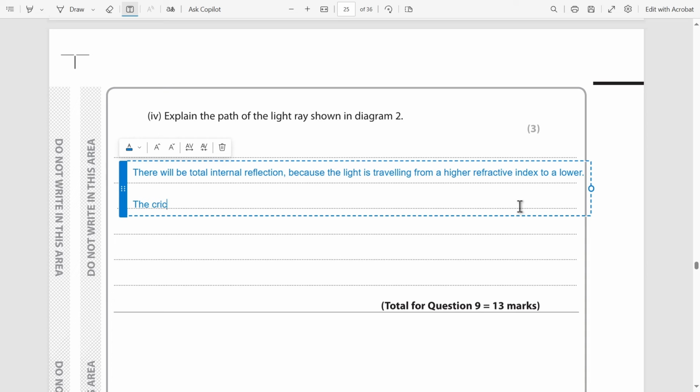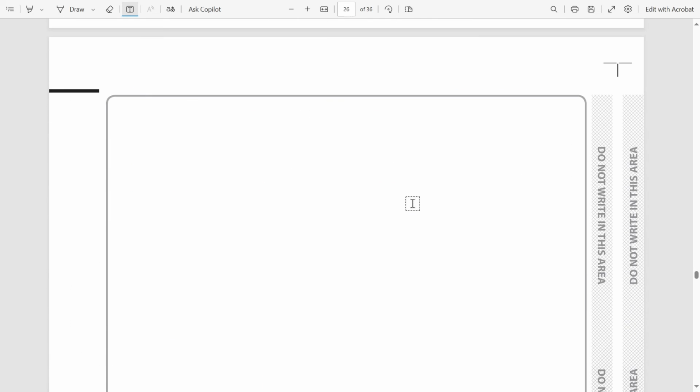The critical angle is less than the angle of incidence, hence total internal reflection.